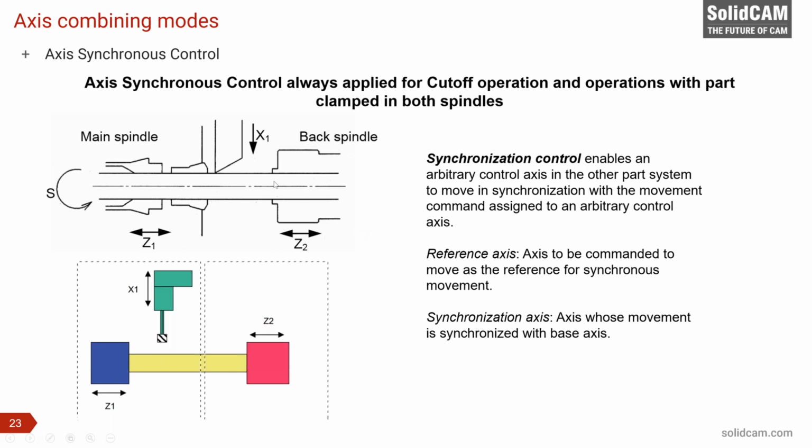So it is clamped in both spindles, and we can do cutting. We can even change the tool without reclamping. For example, I can do turning, threading, cutting, and cut off one by one together in this mode. This is what we call synchronous control, and each Swiss type machine has this mode.